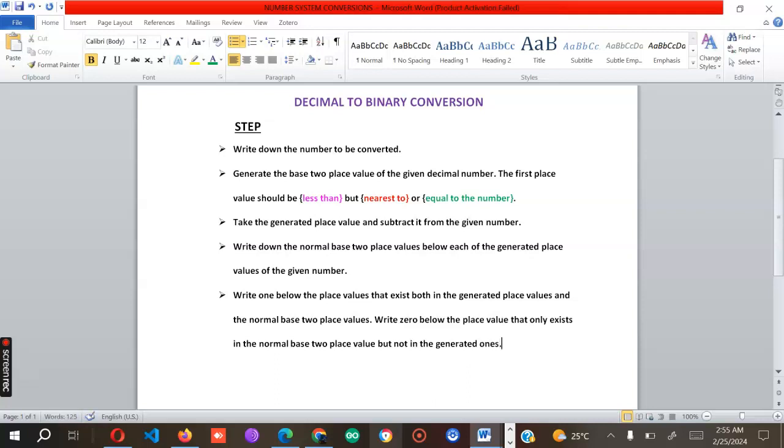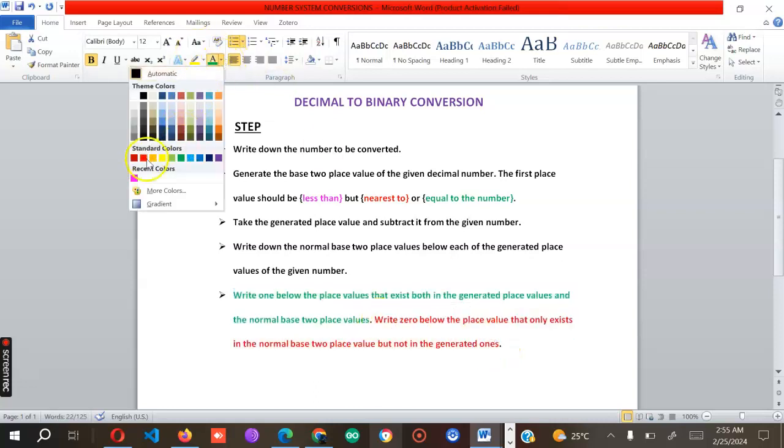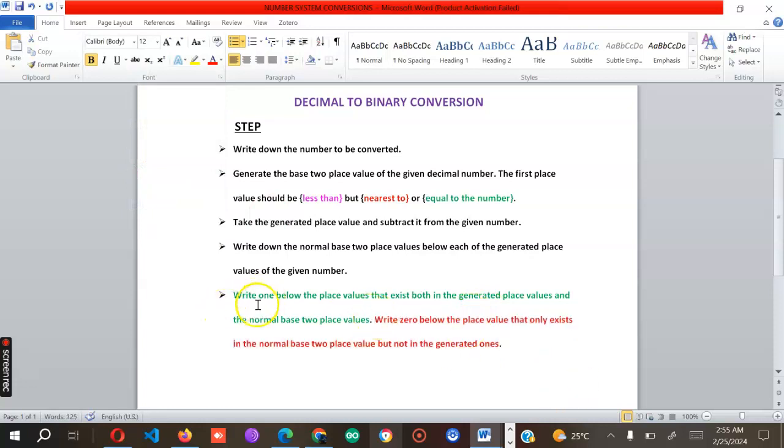So those are the key parts. Whenever you have this, you need to note that these are very key parts. You are supposed to write 1 below the place value that exists both in the generated and the normal base 2 place value. While if the number appears only in the normal base 2 place value, you just write 0.